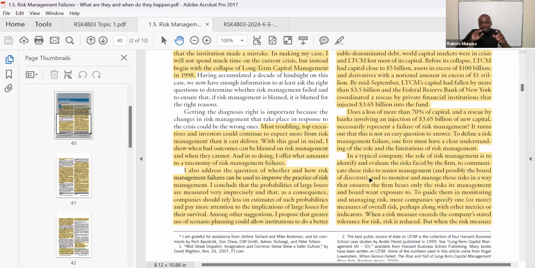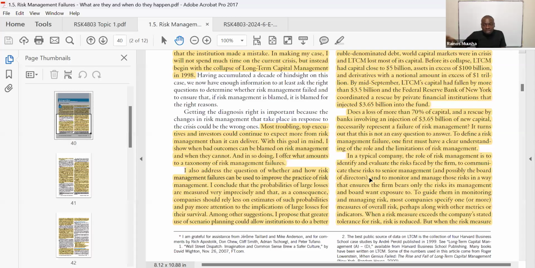Because remember, they are also trying to balance between risk and return. Every company wants to pursue and maximize returns as much as possible, depending on the risk that they can also take. So risk management needs to identify and evaluate, and then communicate to the top management and the board.